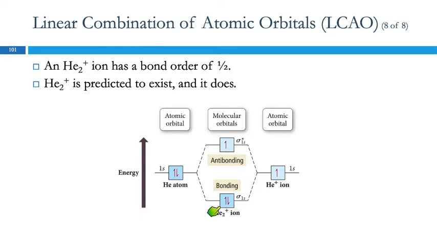So we put them in 1, 2, 3, and this bond order is going to be 2 in the bonding orbital minus 1 in the anti-bonding orbital, divided by 2, which is a bond order of 1/2. So it's predicted that this ion exists, and it does. It's just not common at all.